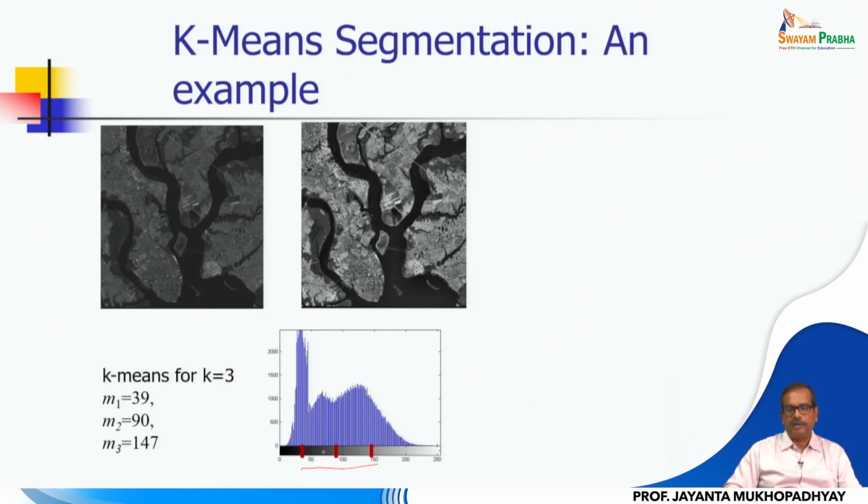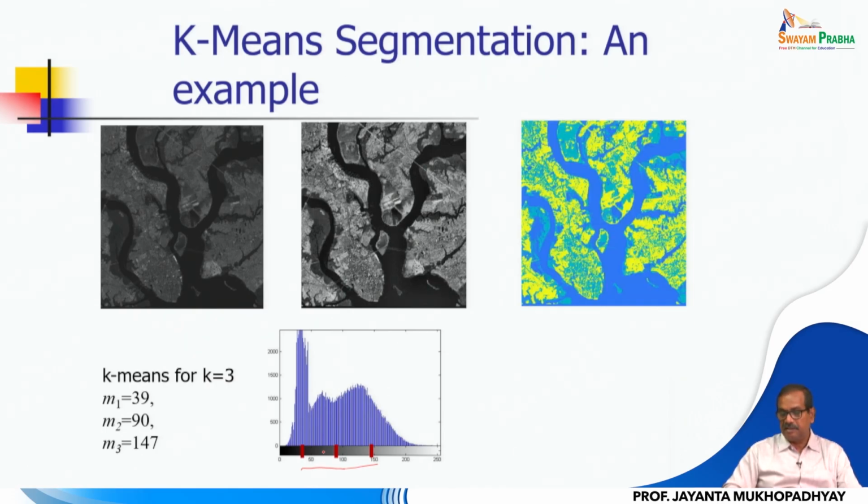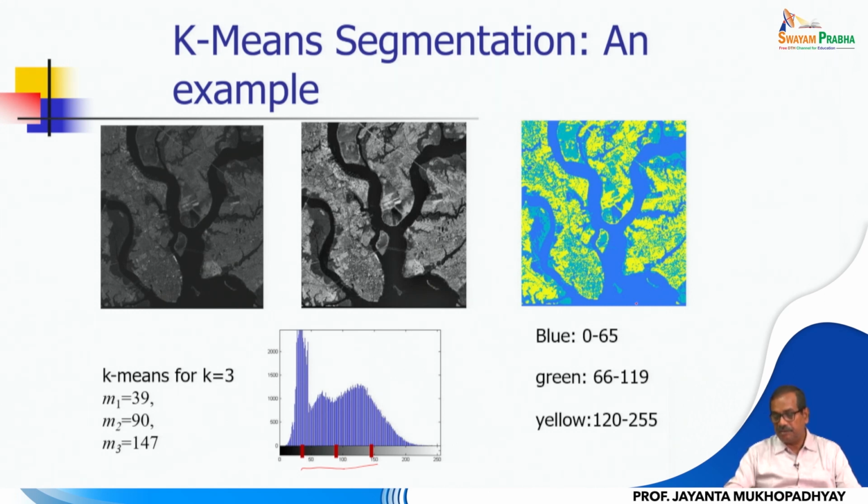From there, we compute the intervals and apply them to segment the image. I am showing the pseudo-colored image of the 3 intervals with respect to those means. The blue color shows the result between 0 and 65 brightness levels, and as you can see, it corresponds to the water of a river in this satellite image.